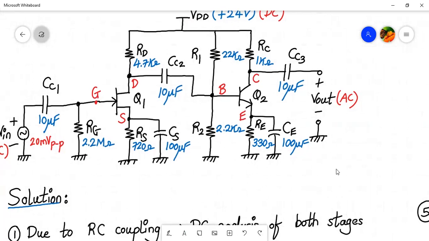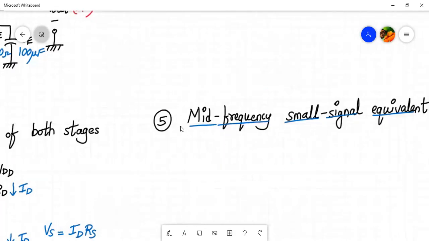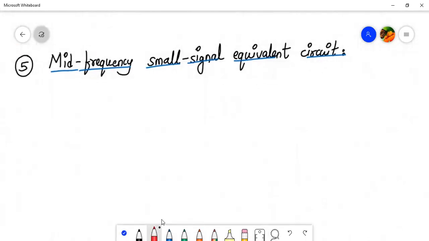Q1 is a JFET, so we have the gate, drain, and source terminals.